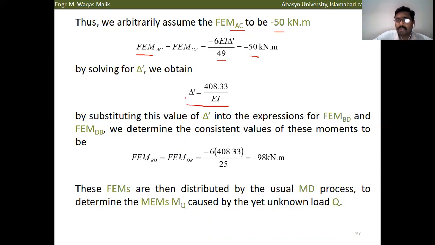Now we can substitute this value of delta prime in the expressions for the fixed end moments of member BD and DB, and they come out to be minus 98 kilonewton meters.